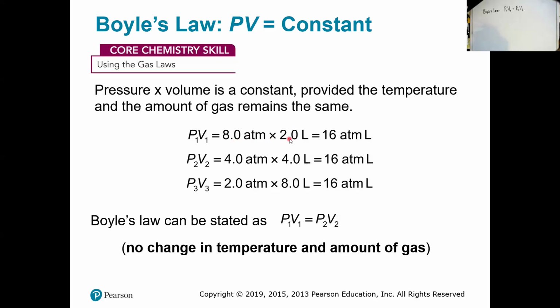Okay, but if we have that same sample of gas and now we increase the volume of the container, so now the gas particles have 4 liters to move around in, our pressure decreases to 4 atmospheres. If we take that same sample of gas and give it even more space to move around in, now it's going to collide with the walls of the container even less. So now the pressure is only 2 atmospheres. But in every case, if we take the pressure and multiply it by the volume, we always end up with the same number. Okay.